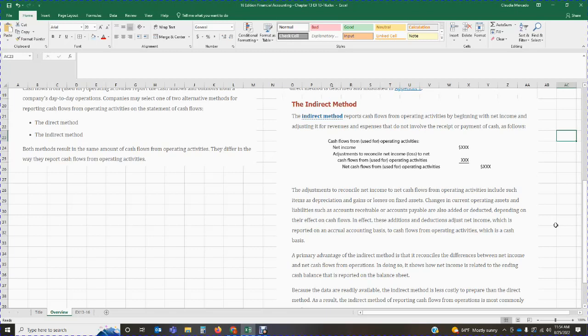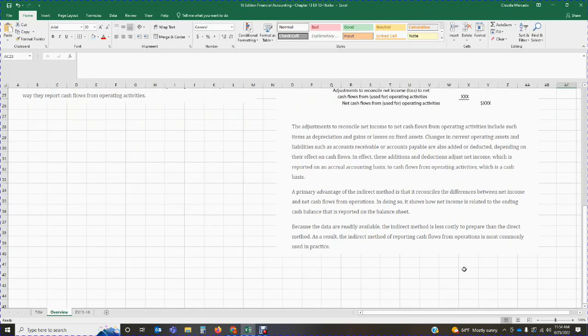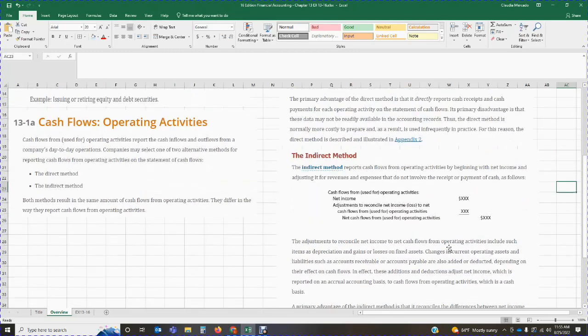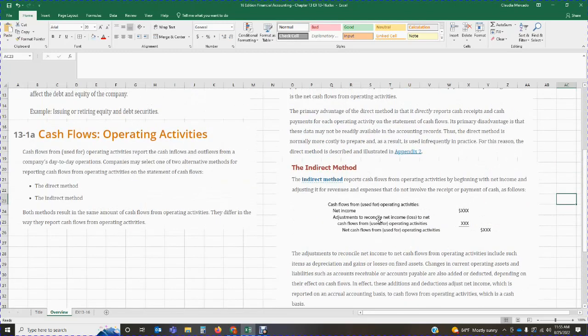A primary advantage of the indirect method is that it reconciles the differences between net income and net cash flows from operations, all while showing how net income is related to the ending cash balance that is reported on the balance sheet. Okay, the information is readily available. Therefore, this method is less costly to prepare, and as a result, most of the organizations use this. Okay, and this is the method that we're going to be using. The indirect method is what we're going to be using in the problem.